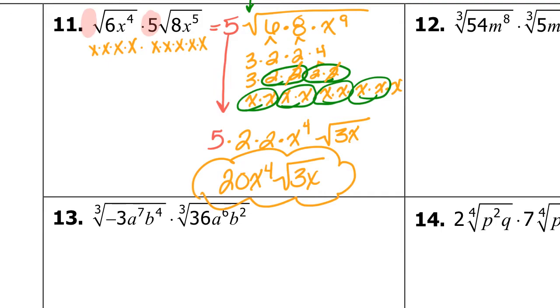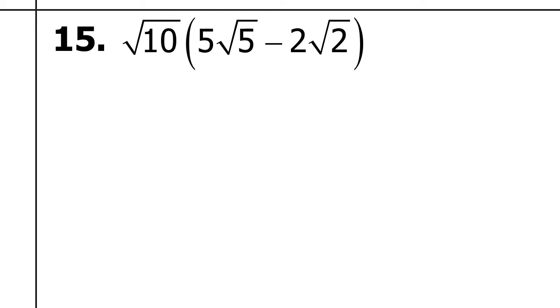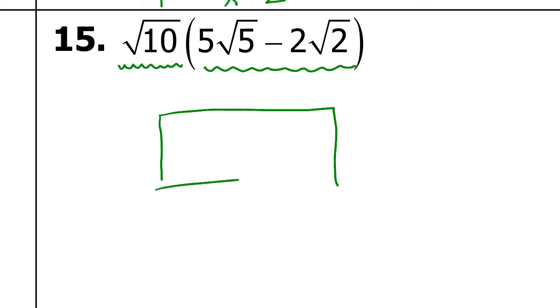So sometimes when you have to multiply radicals, you have them as either monomials or binomials. So in this case, I have the product of a monomial and a binomial. So I'm going to create a Punnett square that is 1 unit tall by 2 units wide.